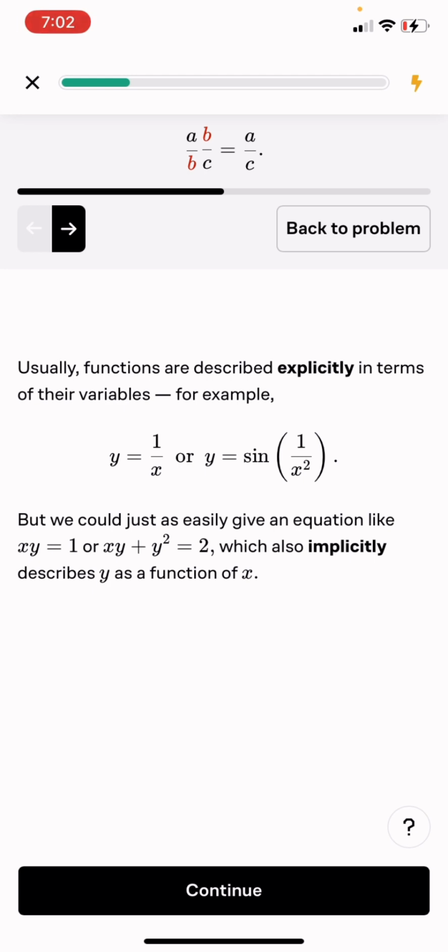Usually functions are described explicitly in terms of their variables. For example, y equals 1 over x or y equals sine of 1 over x squared. But we could just as easily give an equation like xy equals 1 or xy plus y squared equals 2, which implicitly describes y as a function of x.